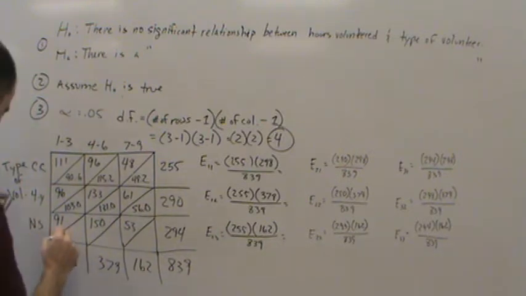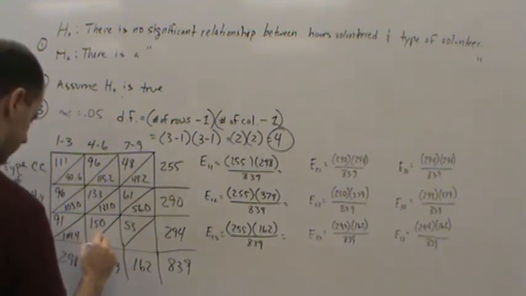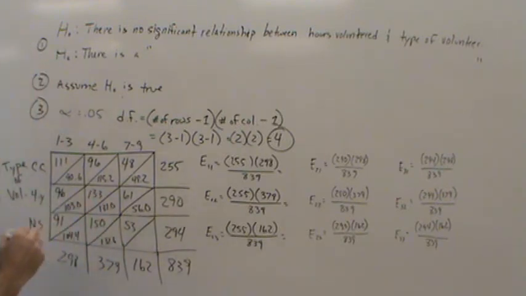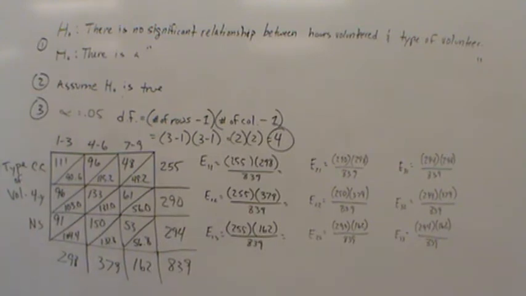That's going to be 104.4. $132.8. $56.8. Okay, so now let me double check.